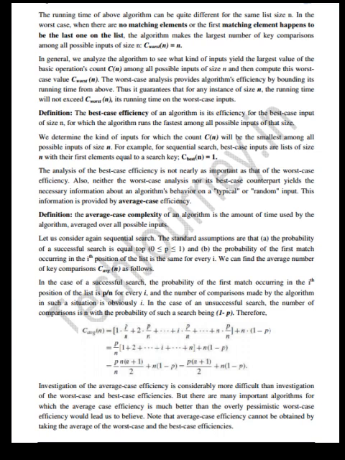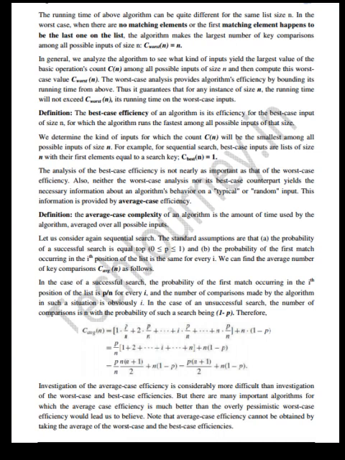The standard assumptions are that A, the probability of a successful search is equal to p, where 0 is less than or equal to p is less than or equal to 1, and B, the probability of the first match occurring in the ith position of the list is the same for every i. We can find the average number of key comparisons C average of n as follows.